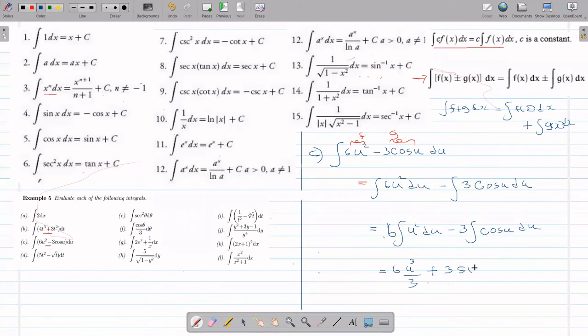Sine u. Here I get 2 constants actually, but I can combine those and put it as 1 constant at the end. Okay, so here I can put a constant. Okay, is that clear?